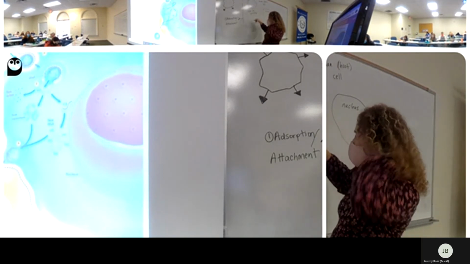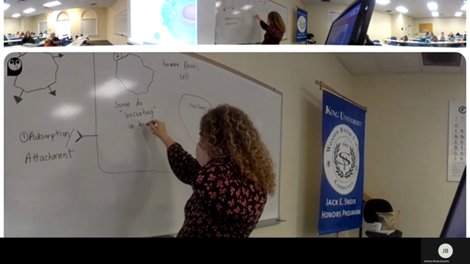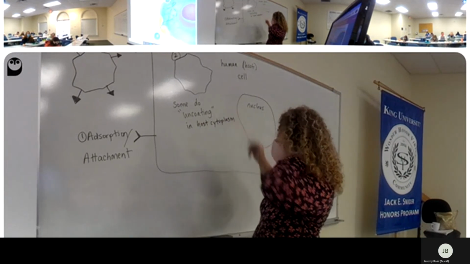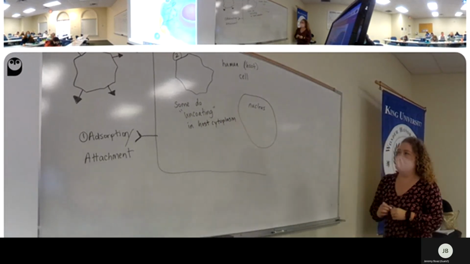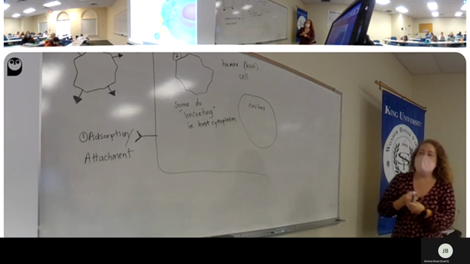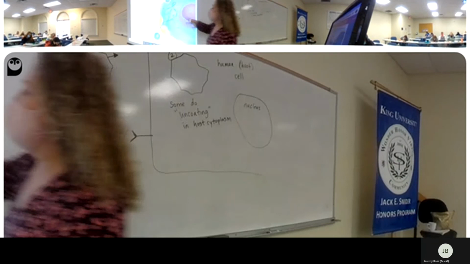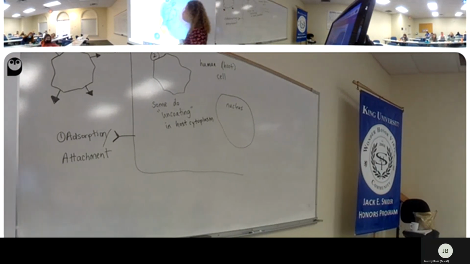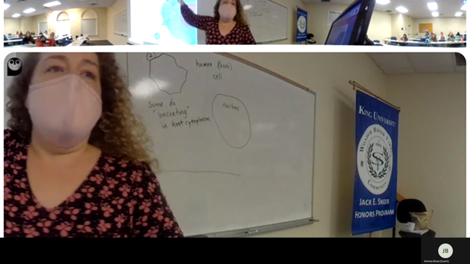Some viruses do the uncoating step in the host cytoplasm. But overall, that's the stage of getting the virus, or at least the genome, into the host cell where it can actually do something. That's called the penetration step.